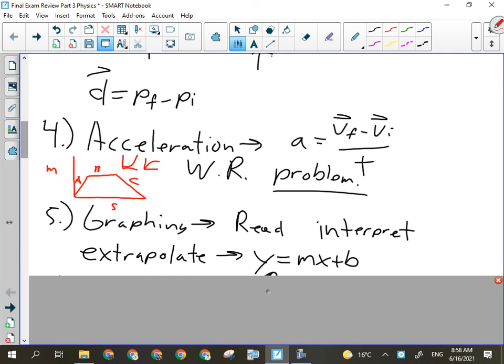Or you could have a velocity versus time graph as well. Right? And maybe it would look like this. Okay. So this is meters per second. This would be seconds. What's it doing in part A?